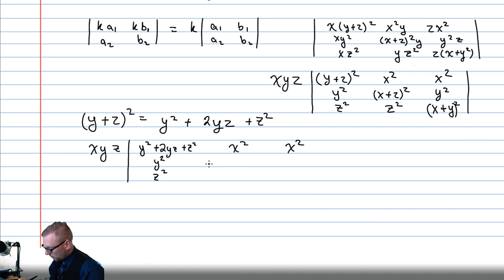Z squared, x squared plus 2xz plus z squared, y squared, z squared, x squared plus 2xy, z, or no, that's y.